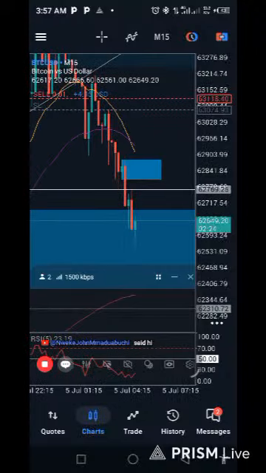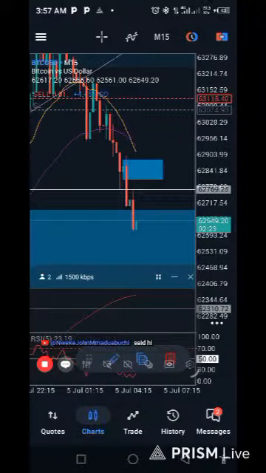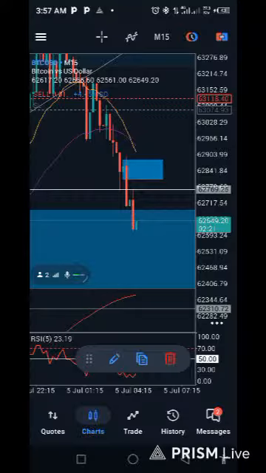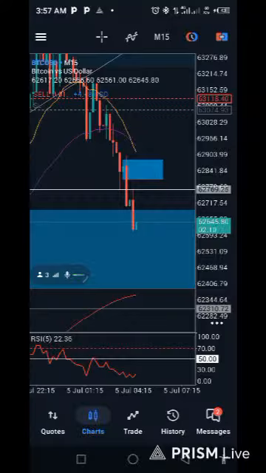I said the general trade is a downtrend. You can see that in the RSI at the bottom: the RSI is below 50%, and whenever the RSI is below 50%, you know it's a downtrend.